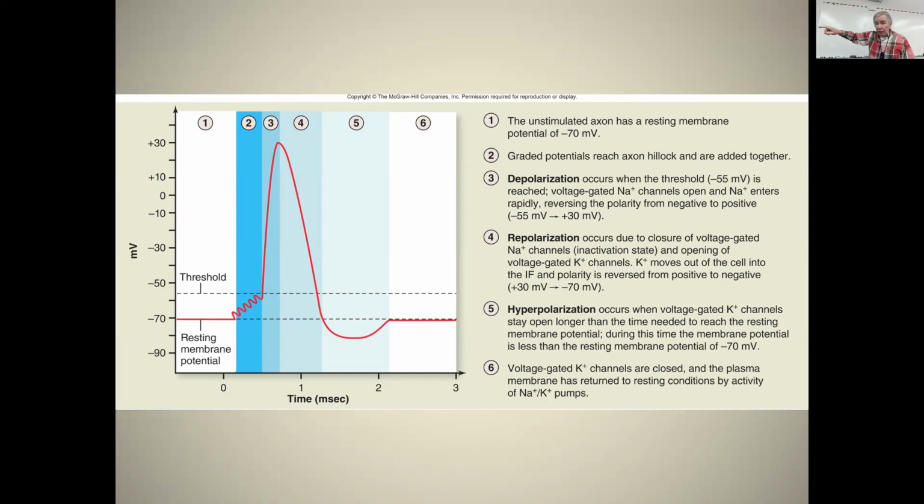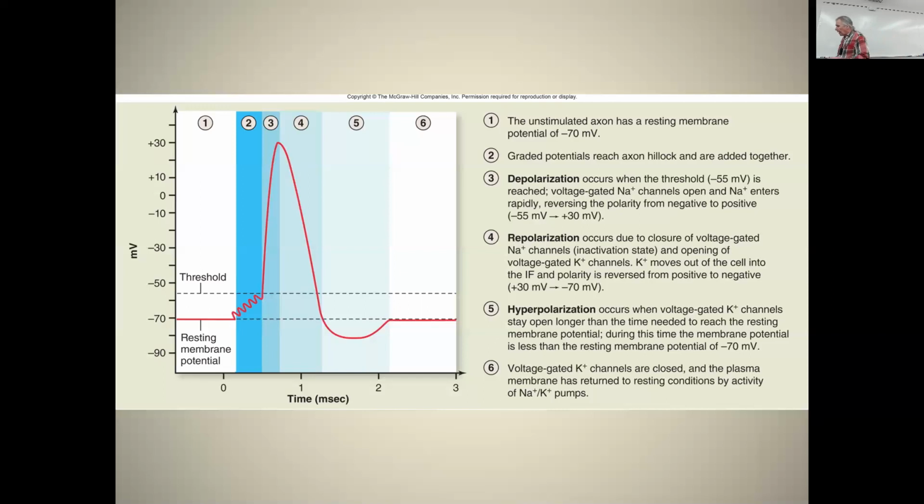So that's the repolarization phase. The voltage-gated sodium channels are inactivated, and the voltage-gated K channels are wide open. K moves out of the cell and brings the membrane potential back into negative territory.